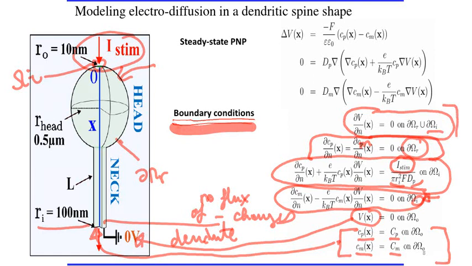So this is the ensemble of boundary conditions that we have added to simulate the effect, or to predict the difference of voltage, when a current is injected.